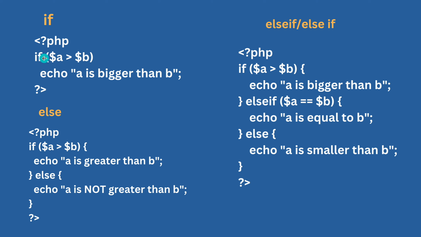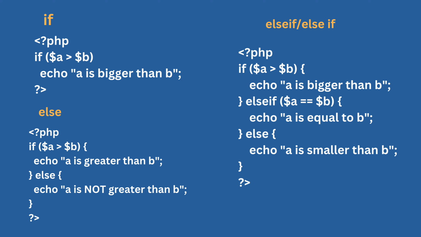If the if is not true, where will that go? Else. If this is true, then this section of the code, the if block, will be executed. If this is false, where will this go? Else.